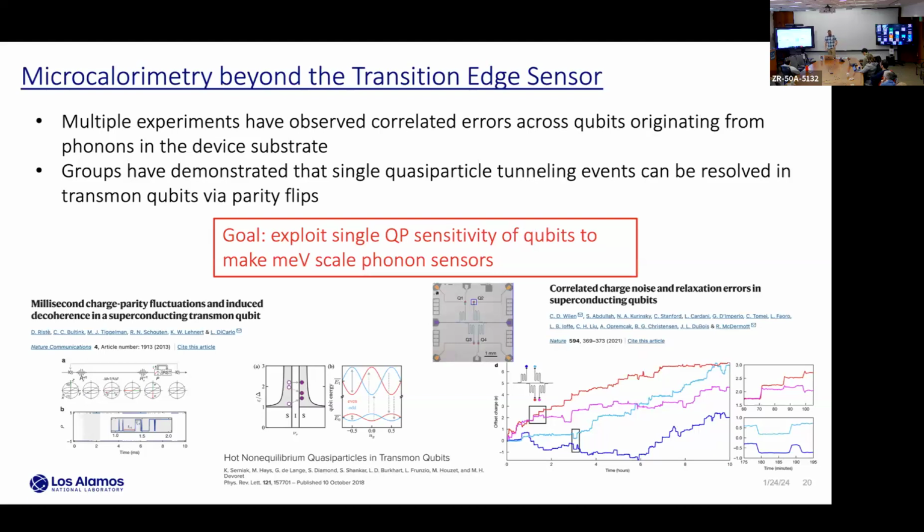A lot of qubit groups have noticed over the last few years that if they have a chip with lots of qubits on it and they're tracking the state of all of them, the state can flip in a correlated way on all their qubits.